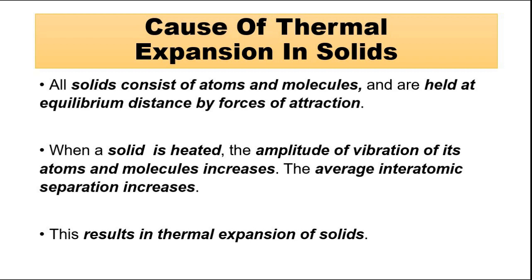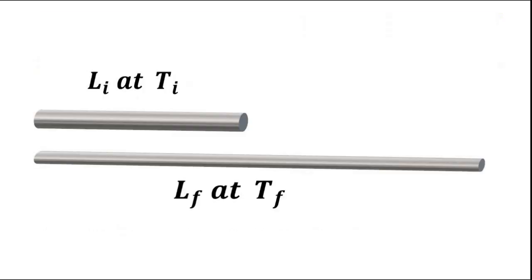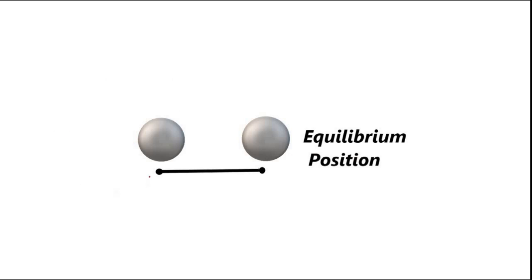In any solid material we have atoms or molecules which are held together at fixed distances, the interatomic or intermolecular separation, which is the equilibrium position of those atoms or molecules, held together by forces of attraction.